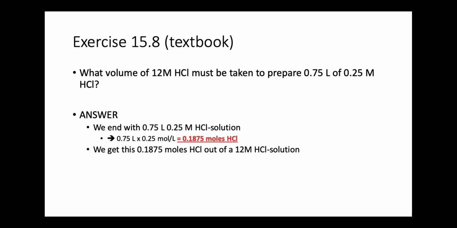So I have to find what volume do I need from a 12 M HCl. So same formula, an unknown volume times 12 moles per liter is 0.1875 moles.